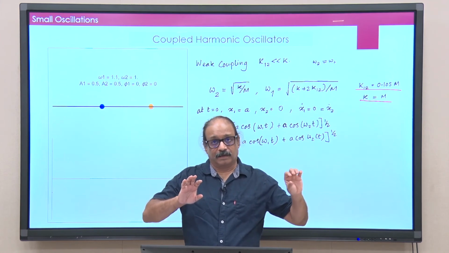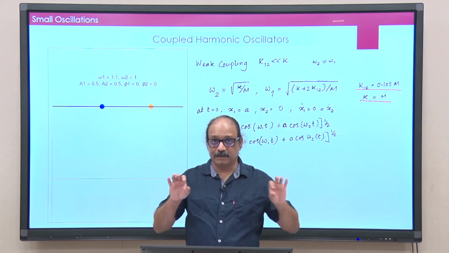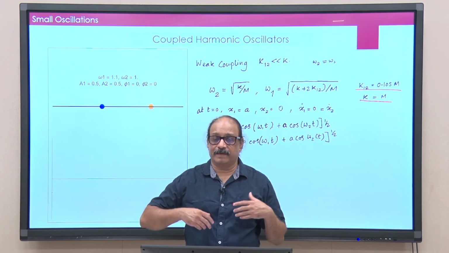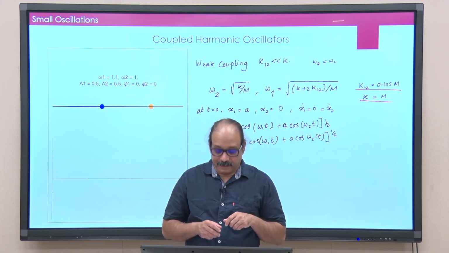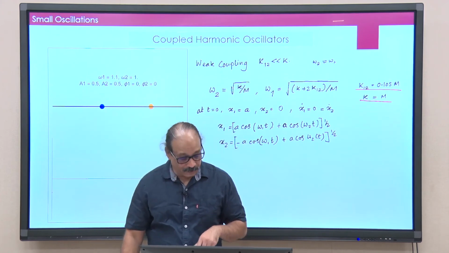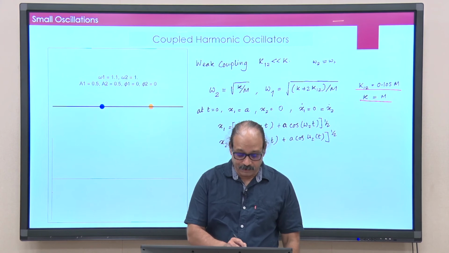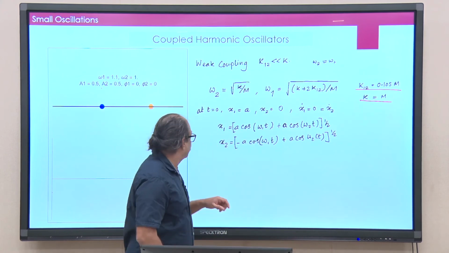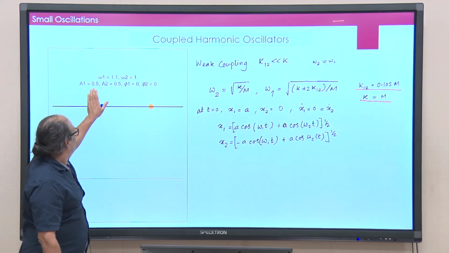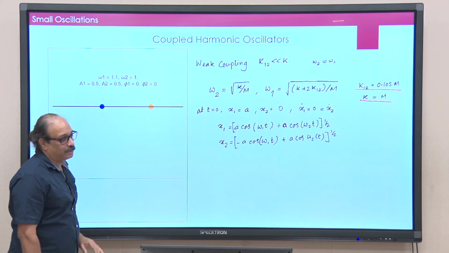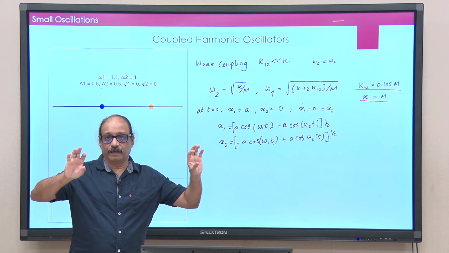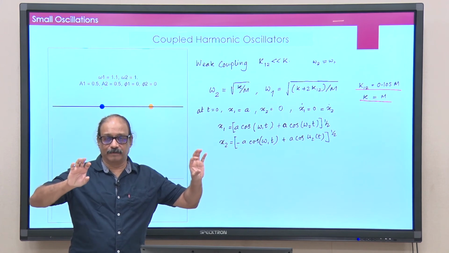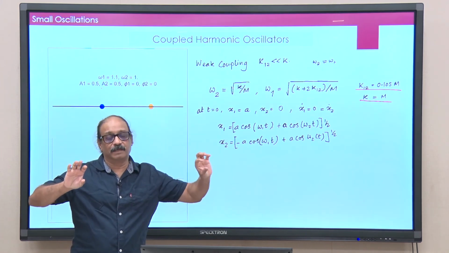This initial condition is not the same as any of the normal modes, and in that case A1 and A2 come out to be 0.5 and 0.5. Remember, one bob is held in its equilibrium position, the second bob has been shifted.